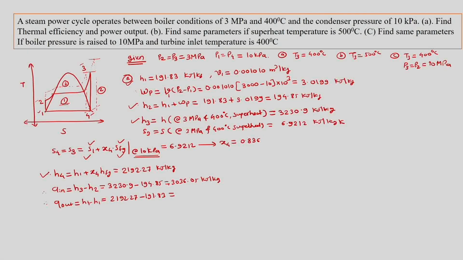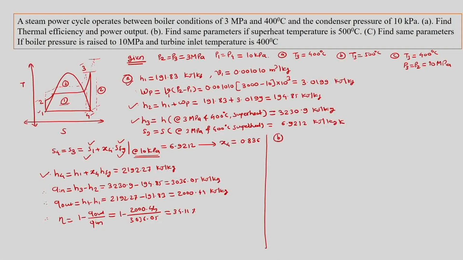So we get Q out as 2000.44 kilojoule per kg. So thermal efficiency is equal to 1 minus Q out upon Q in. So 1 minus 2000.44 divided by 3036.05. So we get 34.11% efficiency for the first case.